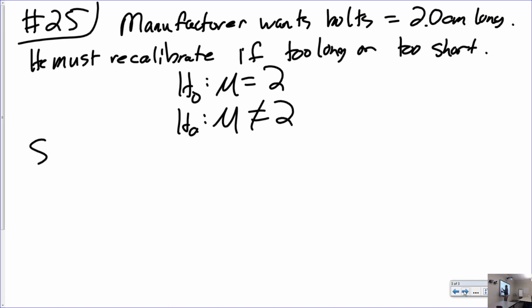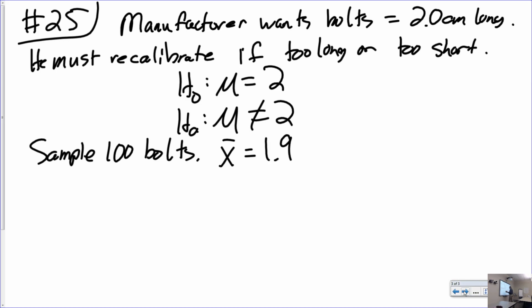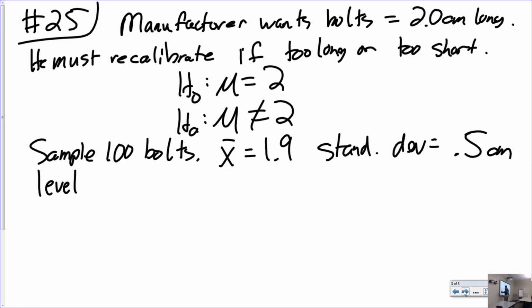So now, we sample 100 bolts. X bar is 1.9. Okay, this looks familiar. And the standard deviation equals 0.5 centimeters. And we did something that was very similar.